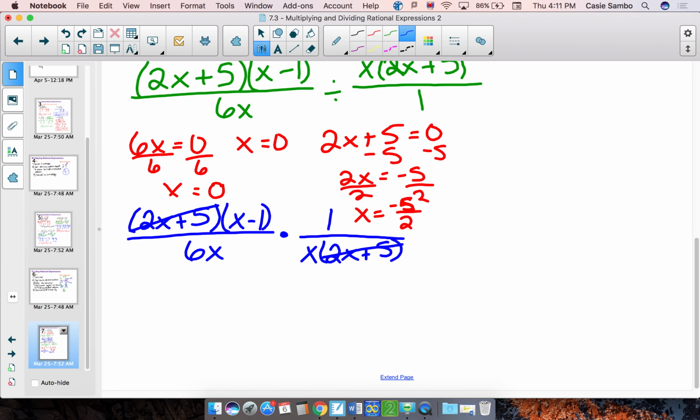I can't take out just this x from this x minus 1 because that's a pair with a binomial. I can only do something if I have another x minus 1. So I'm just going to multiply straight across, and I get x minus 1 over 6x times x, which is 6x squared, where x cannot equal 0 or negative 5 over 2.